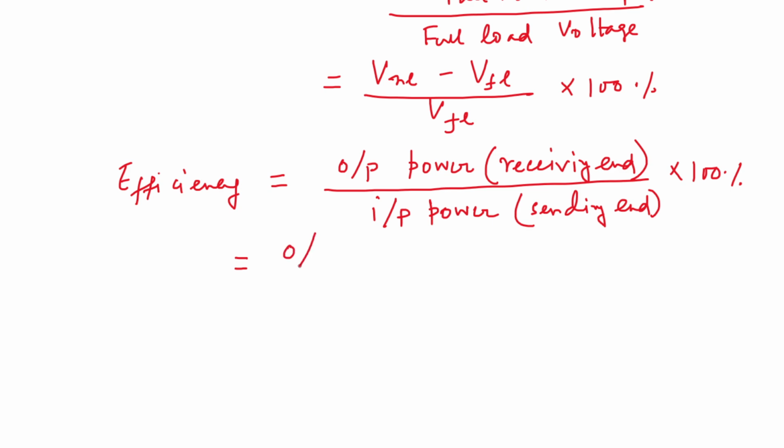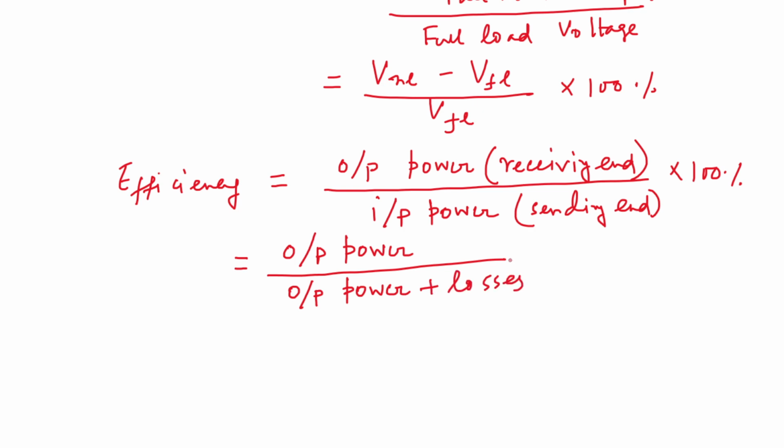It can be written as output power divided by input power, which can be written as output power divided by output power plus losses.